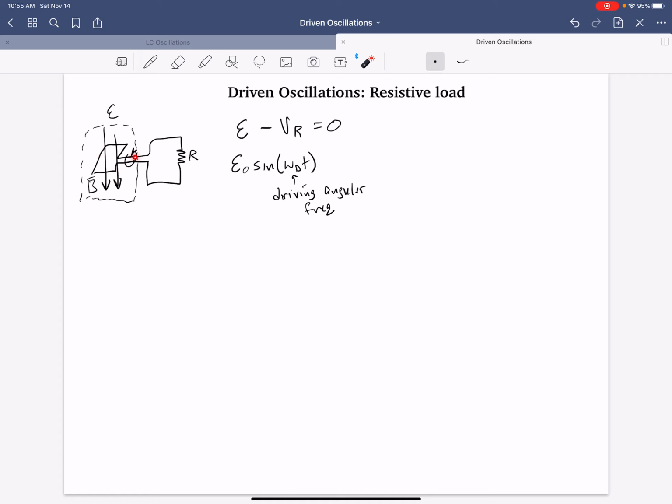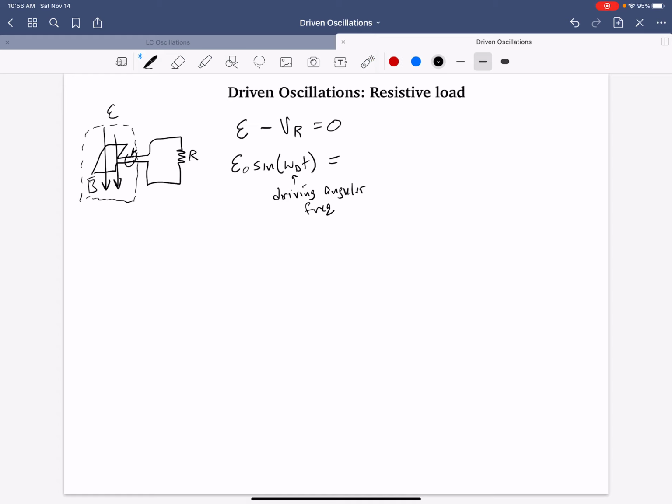Creating a frequency of current oscillations back and forth around that circuit. Okay, it's not the natural frequency like we've studied in previous videos. That's just written as omega, right? That's just omega, which was, by the way, 1 over square root of LC. Well, in this case, we don't have an inductor or a capacitor, so we just have to have omega d, right? And then t, of course, is time.